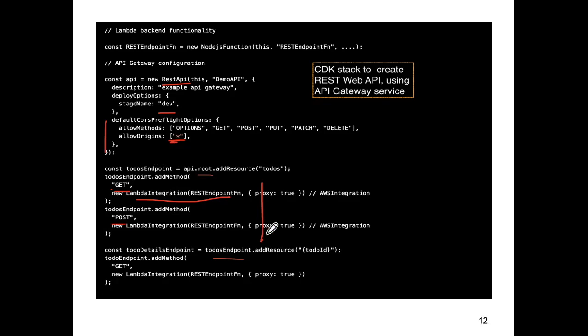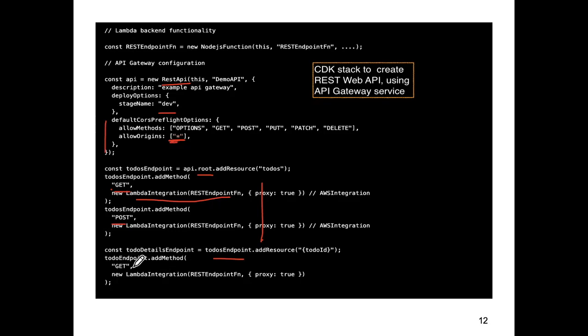And the path for this resource, because I'm wrapping the path in curly braces, that's my way of expressing that this particular part of the path is going to be a path variable. And in my case, the path variable represents a to-do ID. And so on. Okay.